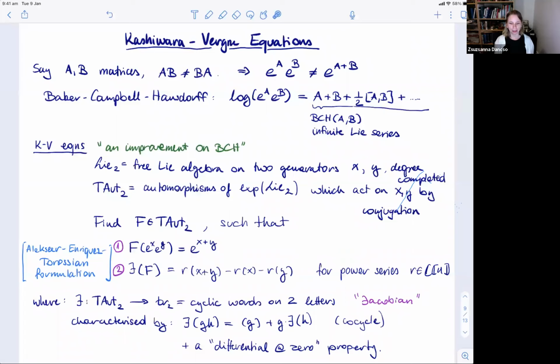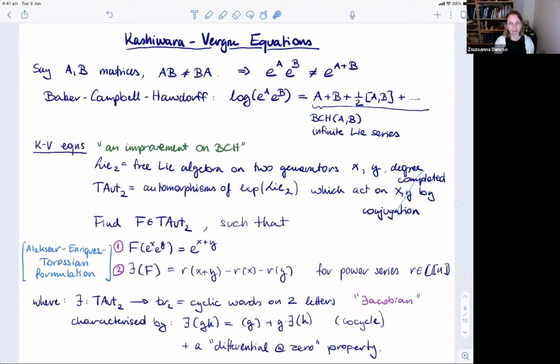So there's, again, a very basic algebra fact that you would have seen in early university, if not before, that if you have two non-commuting elements in some algebra, so the most basic example is matrices. If you have two matrices that don't commute, then if you multiply e to the a times e to the b, that's not the same as e to the a plus b.